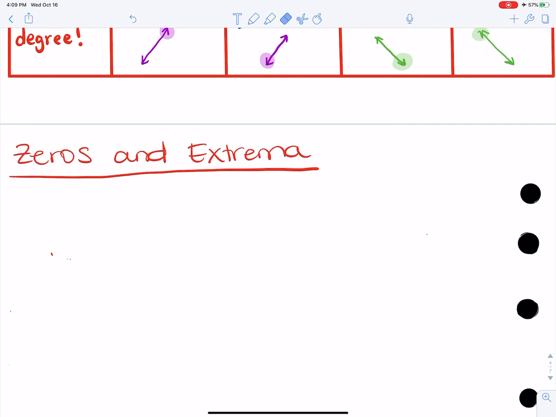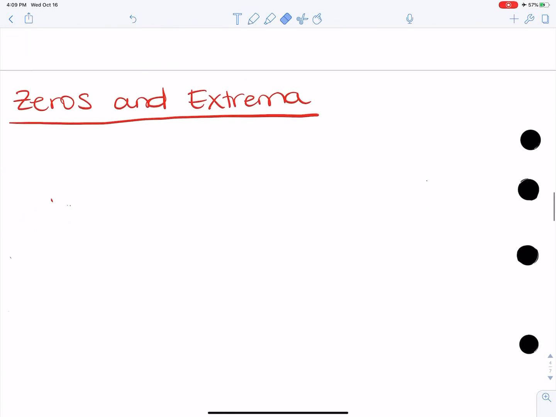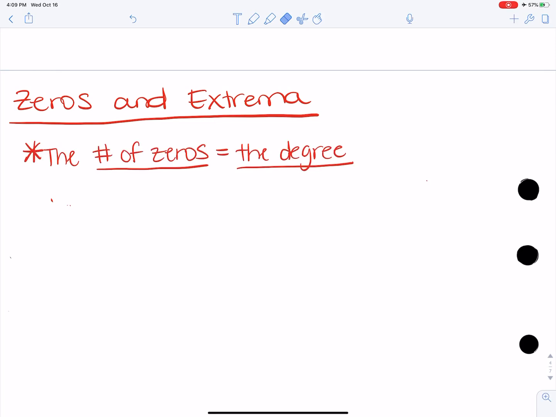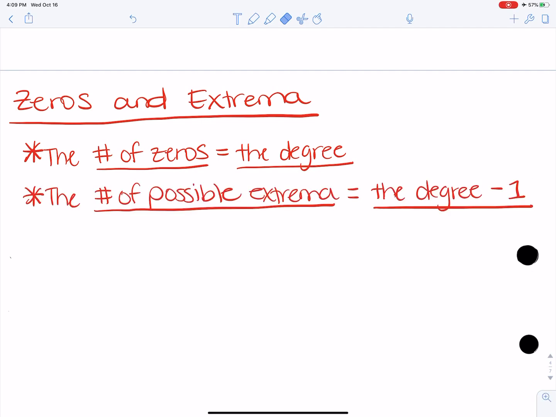So zeros and extrema. Zeros, you know what zeros are. Those are the x-intercepts. Let's recall that, though. The number of zeros is the degree, literally the exact number of the degree. The extrema, so let me go ahead and just write that as a recall.